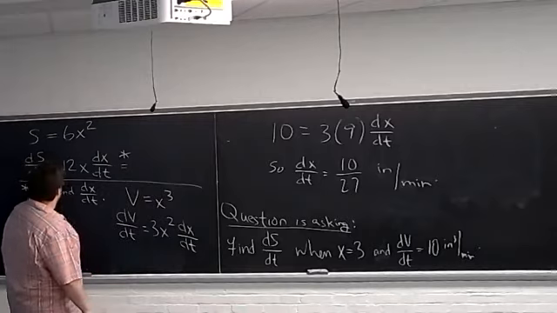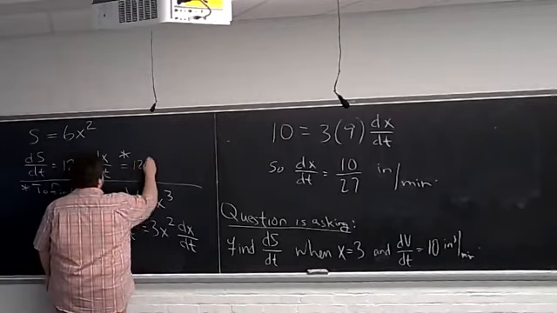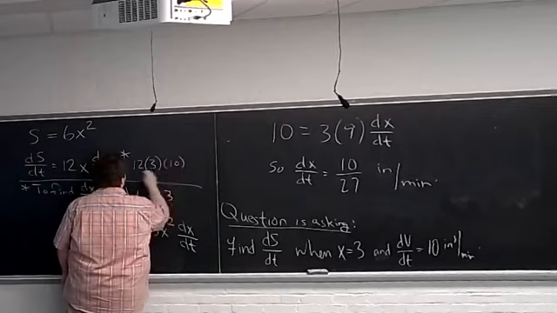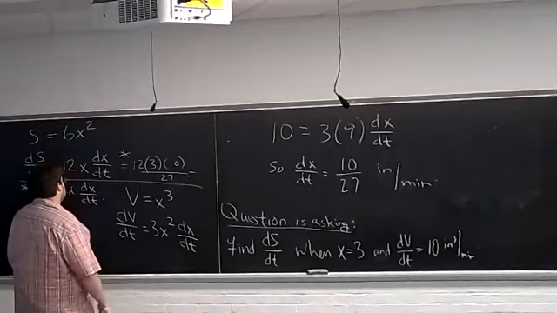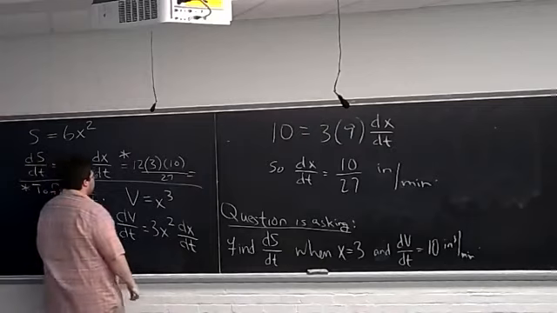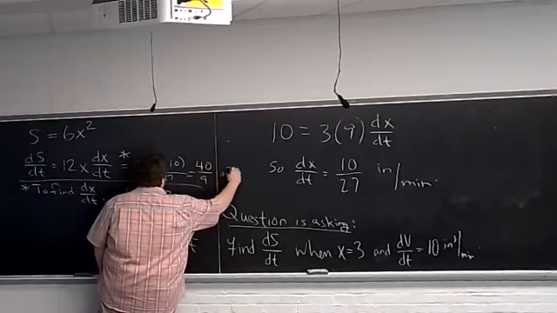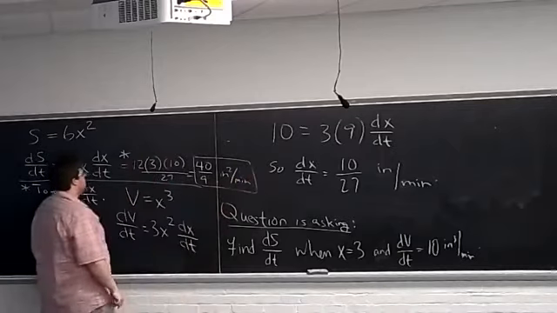So now we just substitute dx/dt and all the other things, and what do we get? We get 12 times x equals 3 times 10 over 27, and what does that equal? 40 over 9 square inches. Is that 40 over 9?